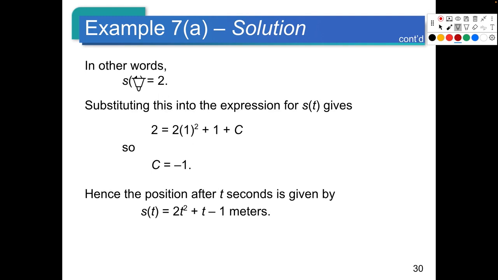So you plug in 1 for t, and you know it's got to be equal to 2. Take our function, 2t squared plus t plus c, and plug in 1 in each place. We see that the constant has to be equal to -1. So now we've got a complete function. We've got the exact function, not just a family of functions, so we can figure out exactly where this particle is at any given time.